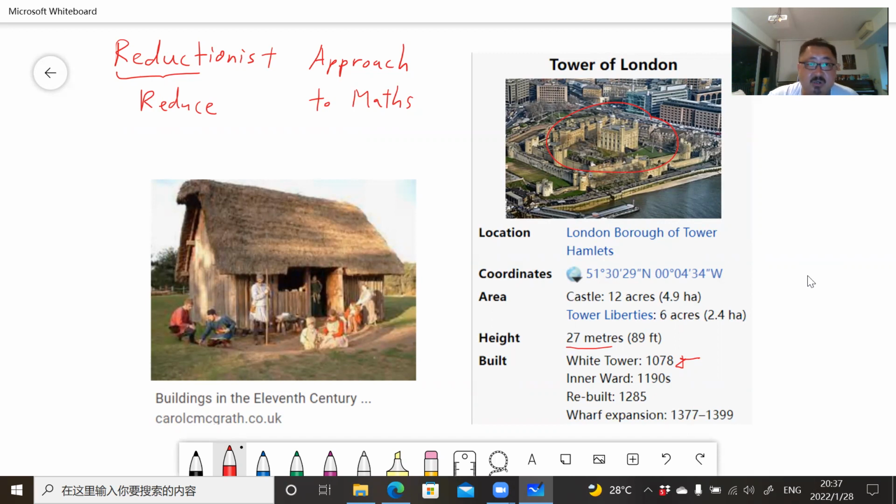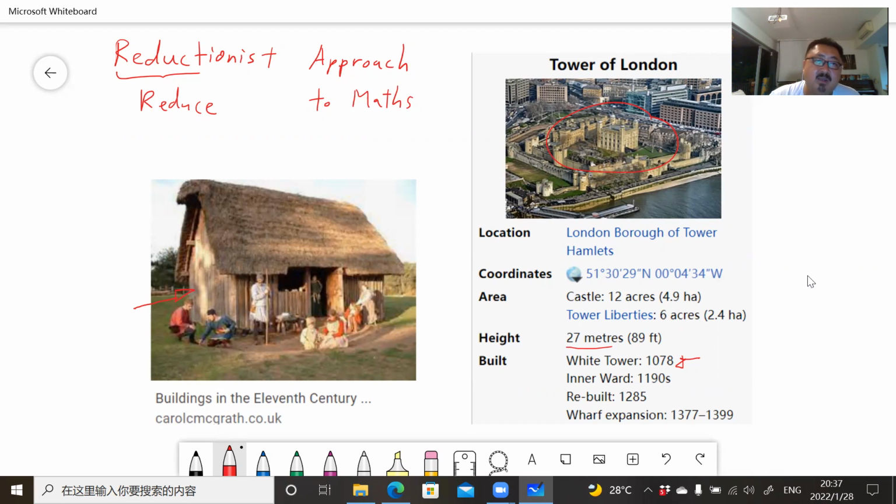Naturally, it's because they don't have enough money. Now even if you give them enough money, they will not be able to build something like the Tower of London. Can you see that their original huts were built on a different kind of foundation.